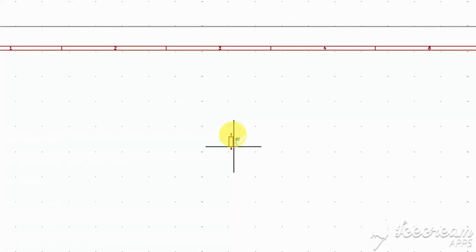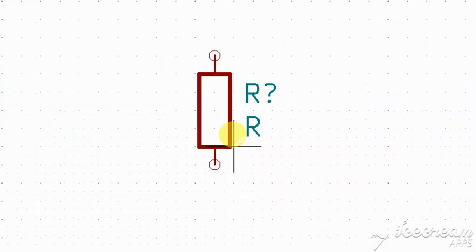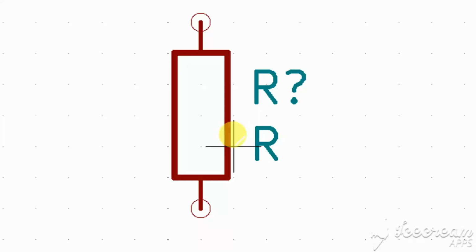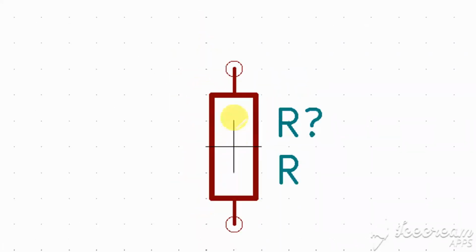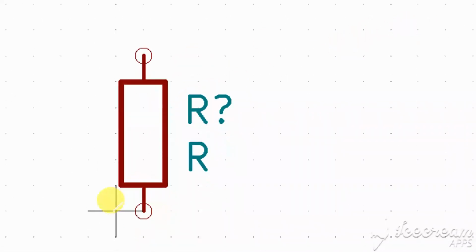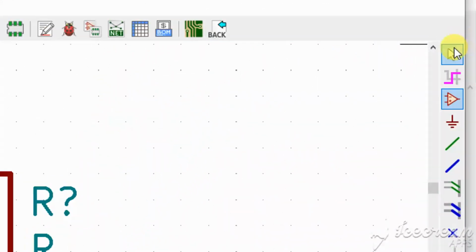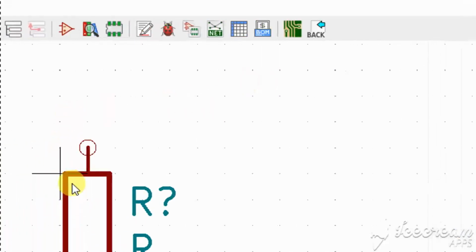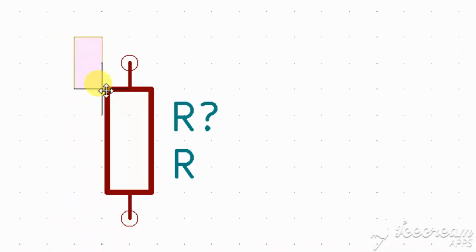Click your designer area. This is added. I zoom in for visibility. Next, rotate it. I choose the select item tool and drag this symbol.